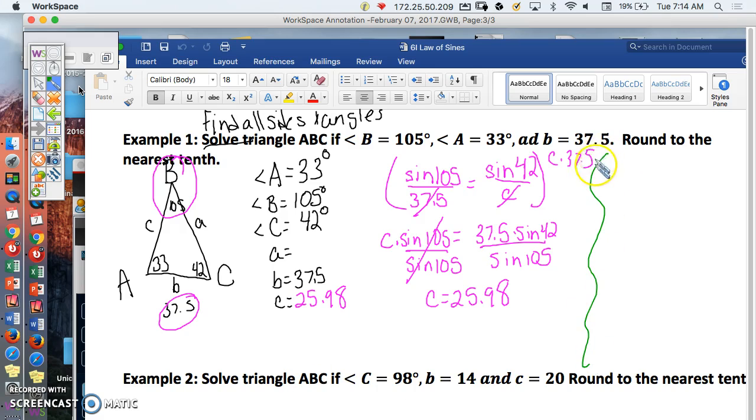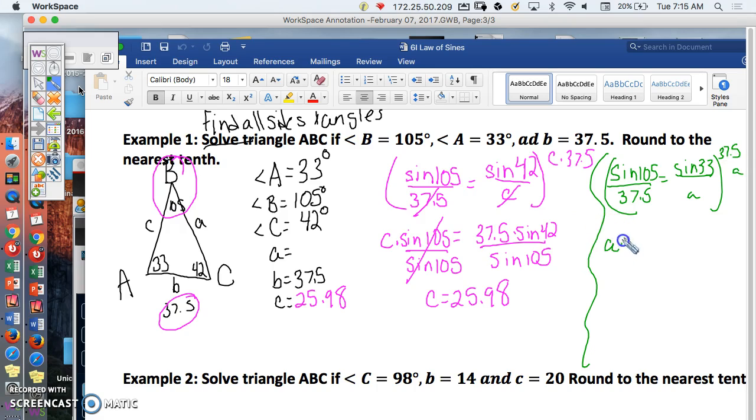And our last thing now is we have to find little a. So we can set up the law of sines again, and we can use that angle and the side opposite that was given. We could use c in this case too, because now we know angle C and side c. But let's go sine of 105 over 37.5. And we need to find little a, so it's the sine of 33. So we multiply by 37.5 and a.